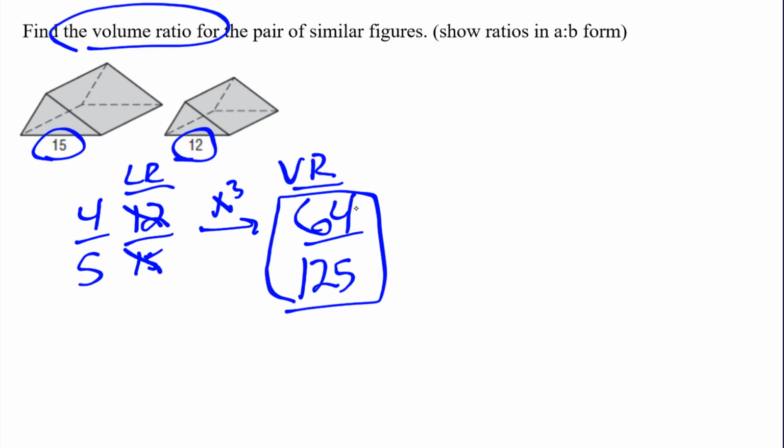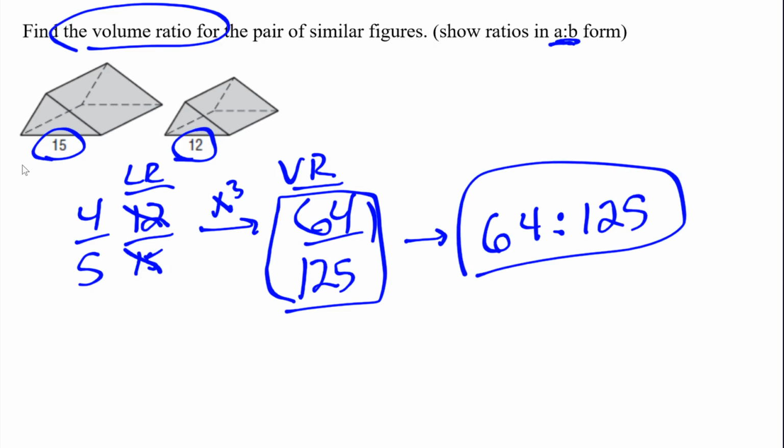Now, I have been writing all my ratios like this. They're asking for you to write it in that form. It's just a different form of ratio. Don't let it throw you off. Top number goes first. Bottom number goes second. 64 to 125. And that's the answer we're looking for.